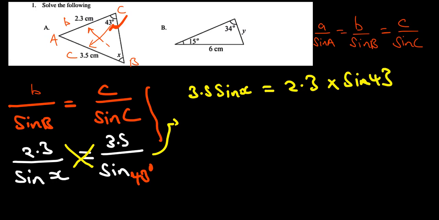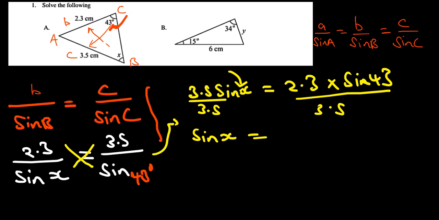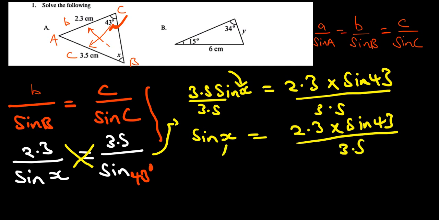Our aim is to find this x, so we are going to divide both sides by 3.5. It means sine x will be equal to 2.3 multiplied by sine 43, divided by 3.5. To find this value of x, we are just going to find the inverse.